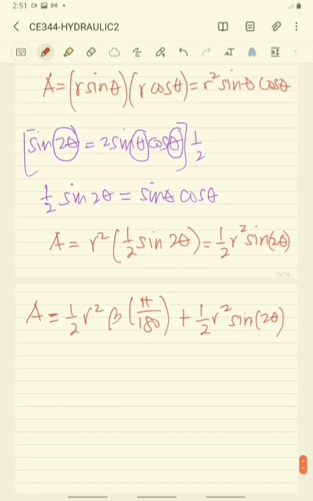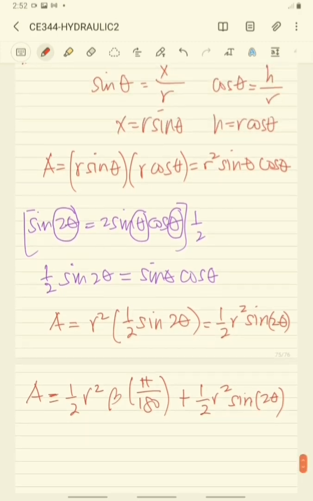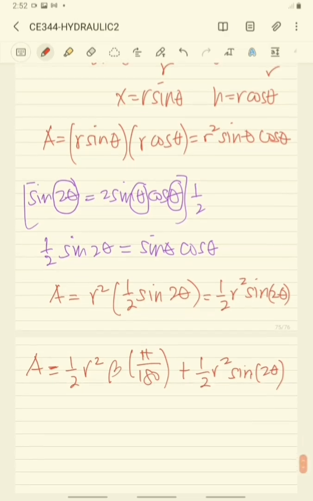Now before substituting the values, we need to compute the value of our beta.